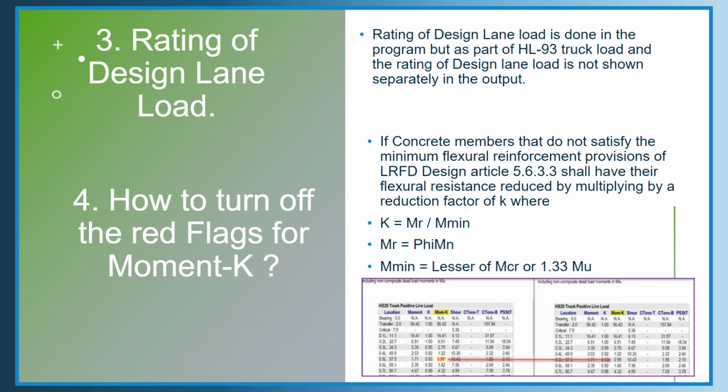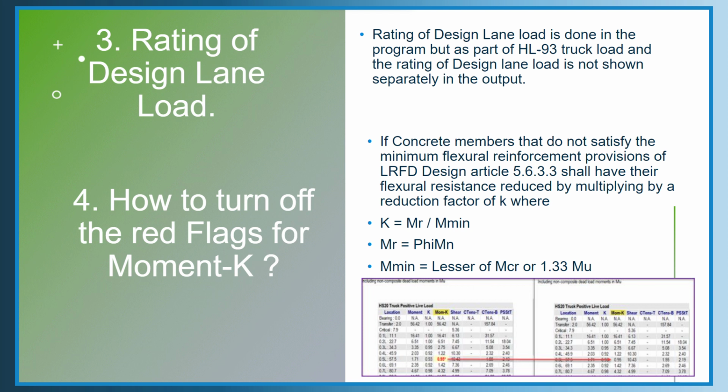The other query is, how do you turn off the red flags for moment K? What is the K value? It's basically if the concrete member does not satisfy the minimum flexural reinforcement provision as per LRFD design article 5.6.3.3, wherein the user has to have the flexural resistance reduced by multiplying by a reduction factor K, where K equals MR divided by M minimum.